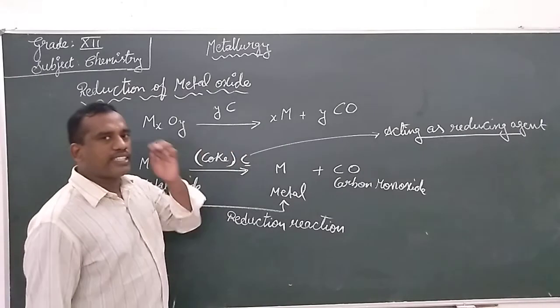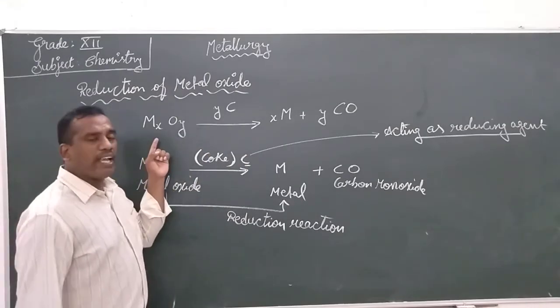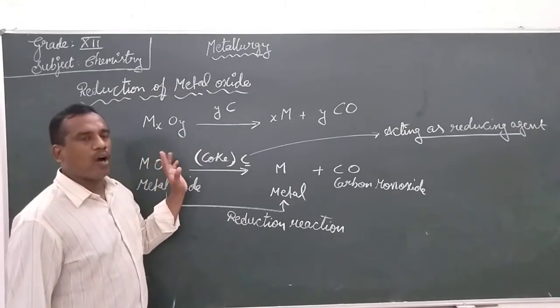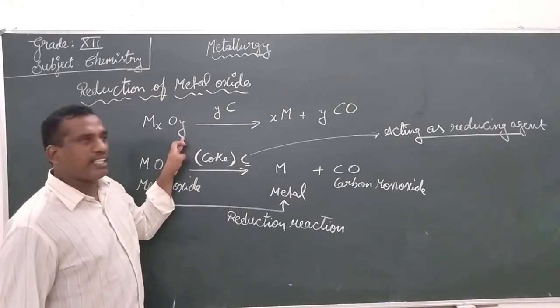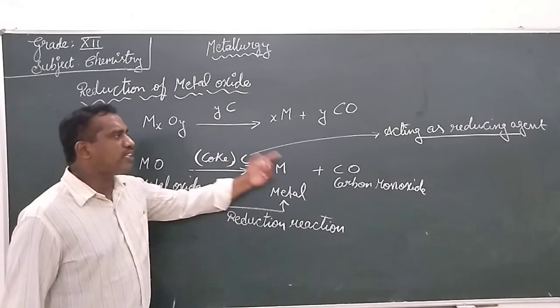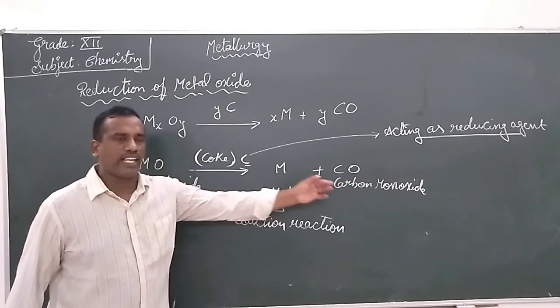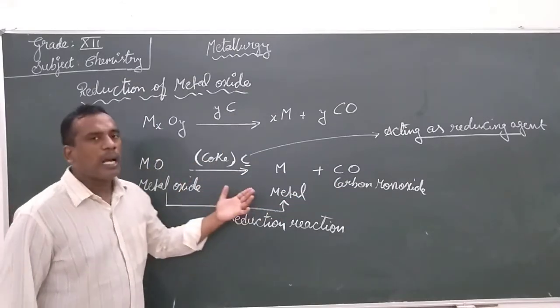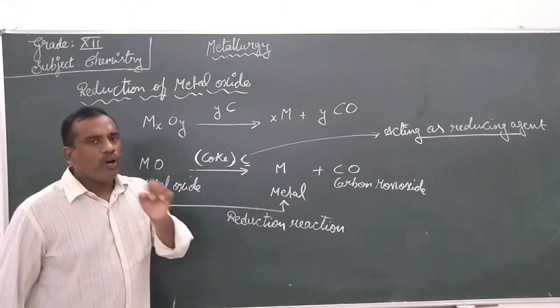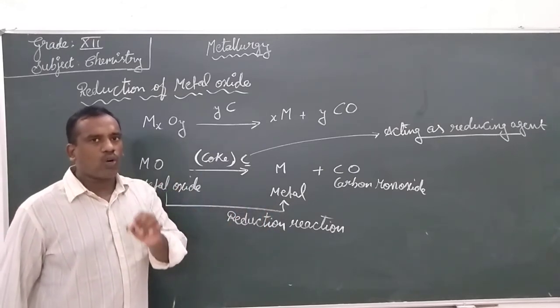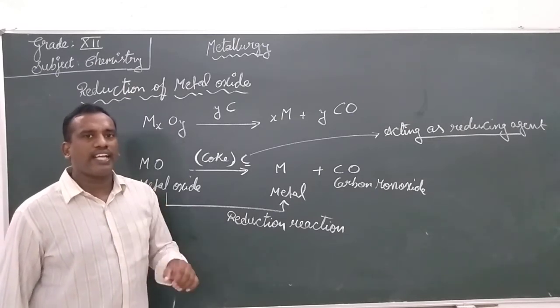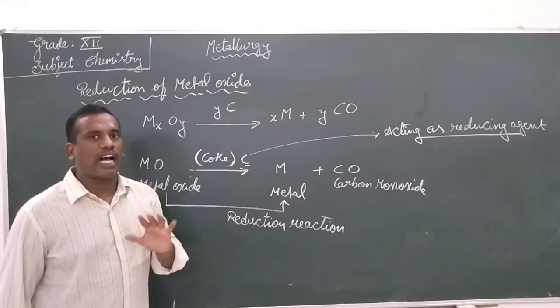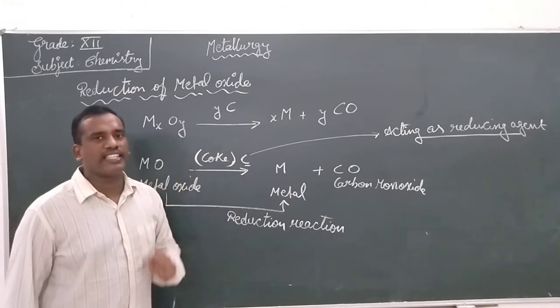MxOy is the compound. Why are moles of coke given? Here there is one oxygen and there is one carbon. What are they forming? Carbon monoxide. They are leaving behind our metal. Now, in our so-called chapter metallurgy, in every case we cannot use carbon as the reducing agent.